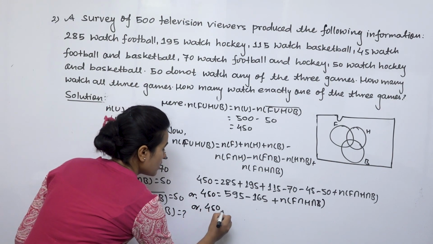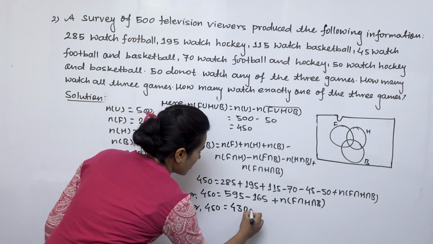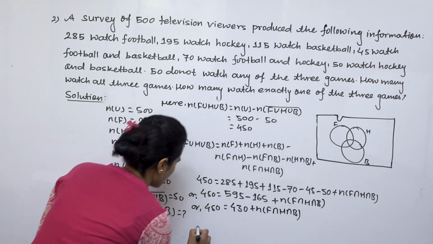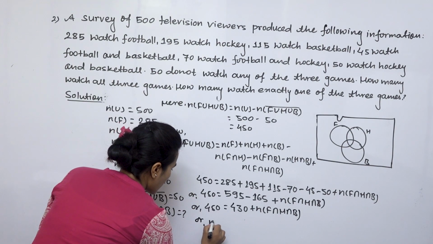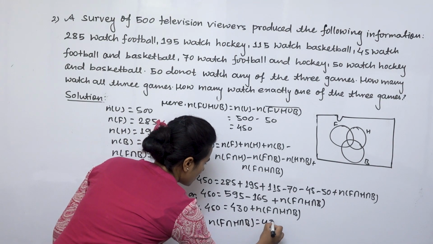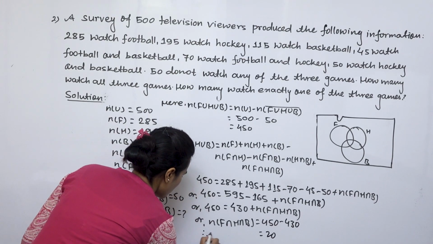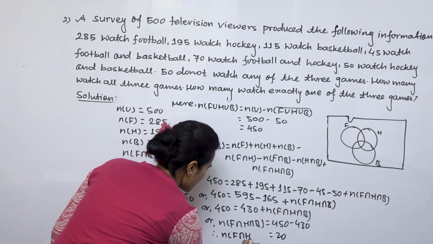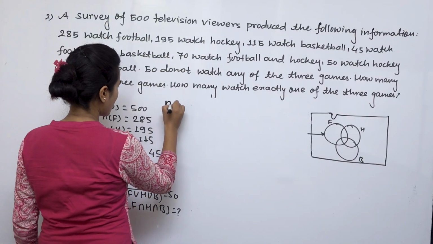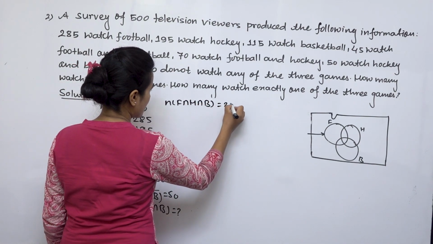So 450 equals the difference, 430, plus n(F intersection H intersection B). Now n(F intersection H intersection B) equals 450 minus 430, which is 20. Therefore n(F intersection H intersection B) is 20.